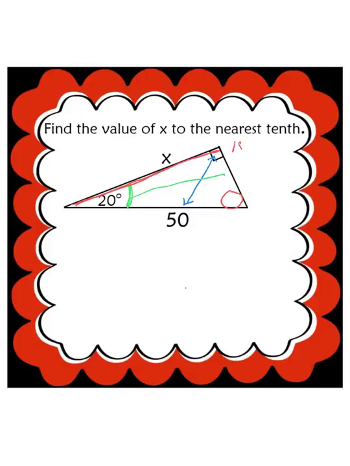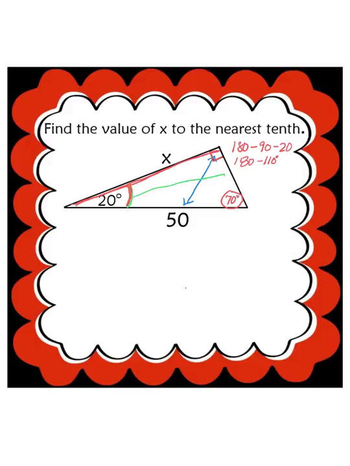So if you take 180, subtract the two angles that you know, the first one I know is 90, and then subtract your other angle, which is 20. When we do that, we'll have 180 basically minus 110 degrees. So we end up with this angle to be 70 degrees.